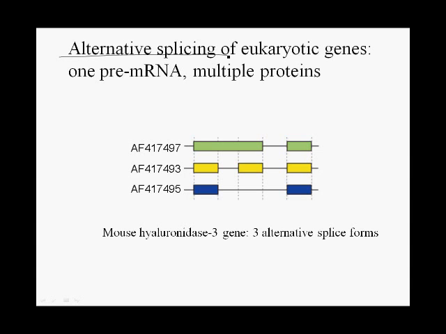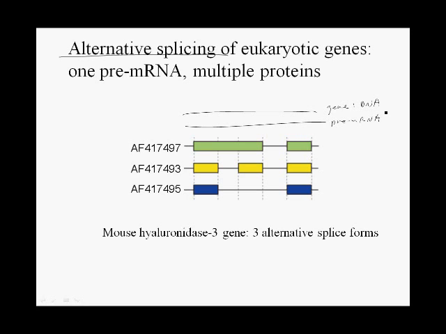What this means is that if you have a gene, which is the DNA, there is one pre-mRNA that is made. And then it undergoes splicing.